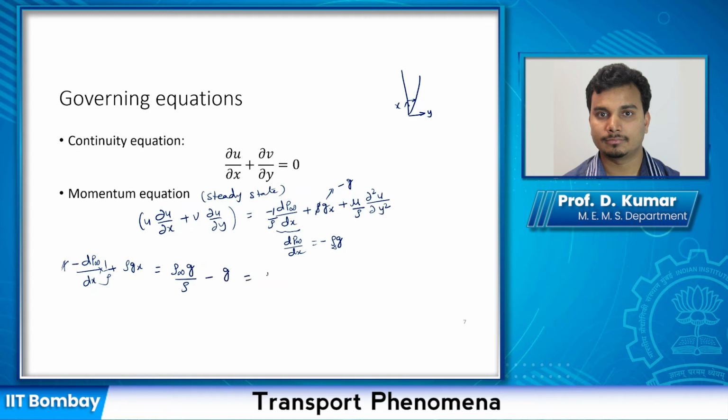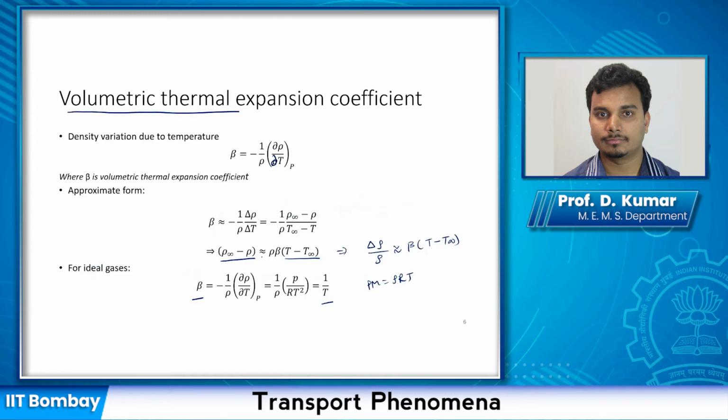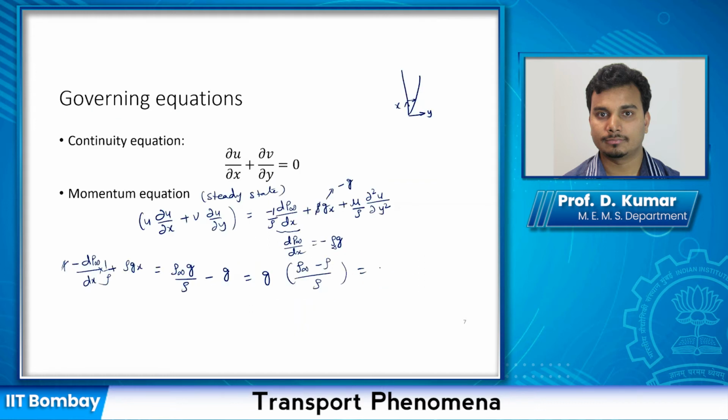So this will be equal to g times rho infinity minus rho by rho, which we know from here. Delta rho by rho is beta times t minus t infinity. So it will be g beta t minus t infinity.